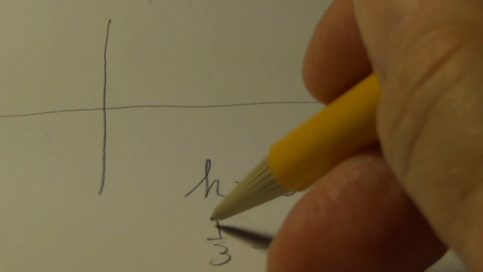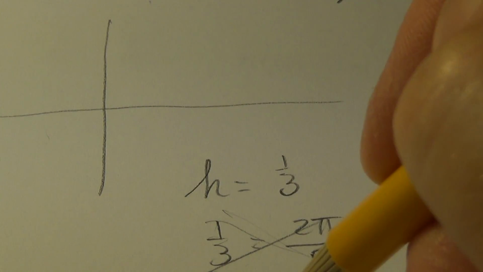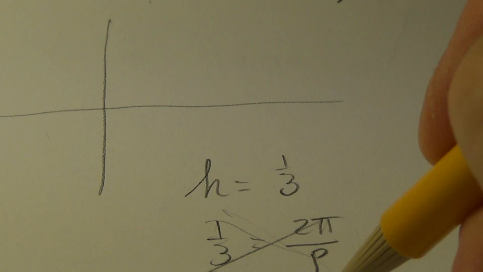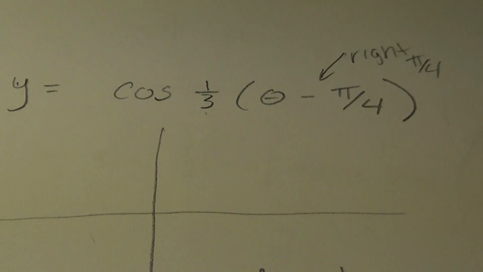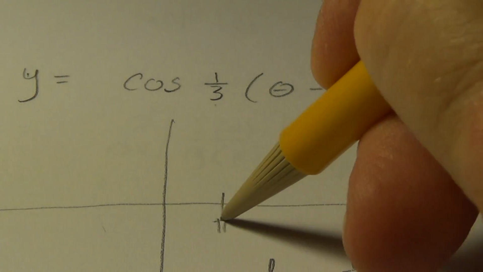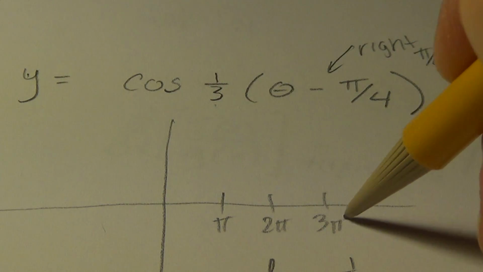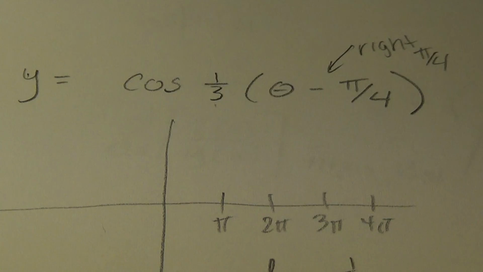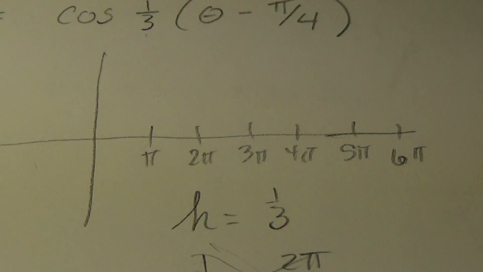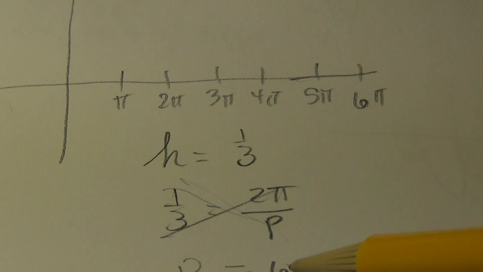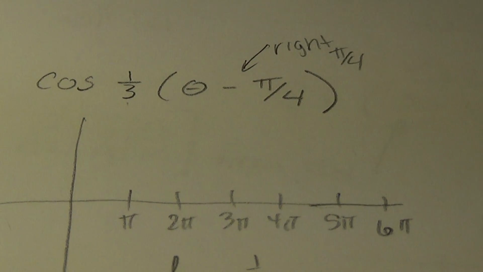So a cross multiply, I get the period equals 6 pi. So I'm just not going to put the regular tick marks in because this has been way stretched. So I'm putting in 6 pi, and that tells me that one mountain and one valley has to be in 6 pi.